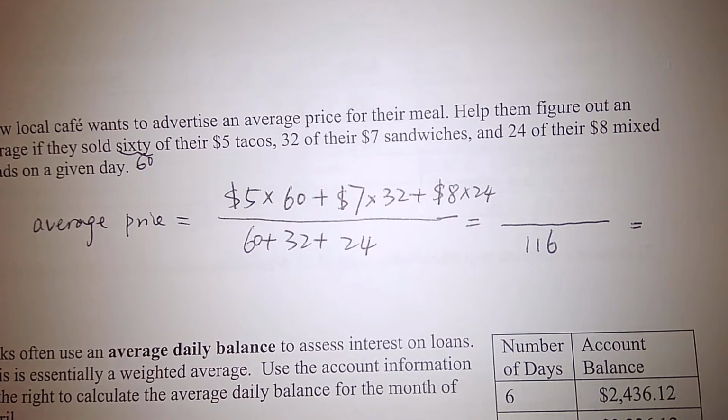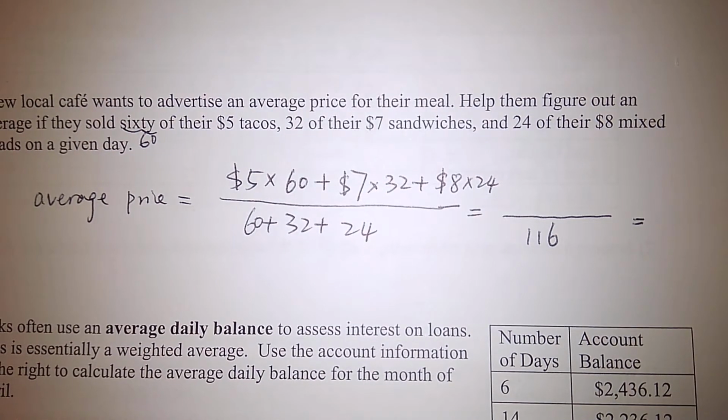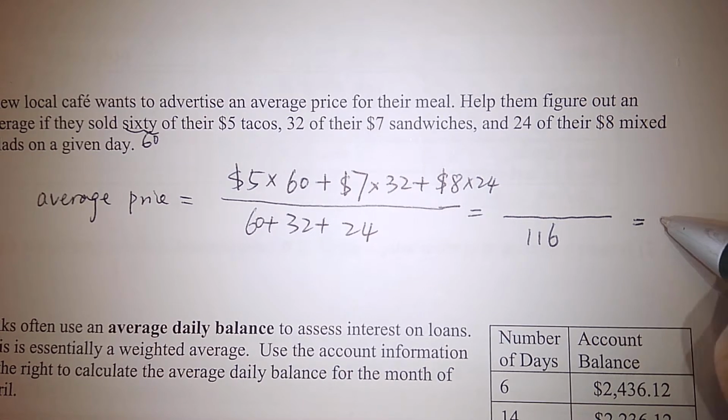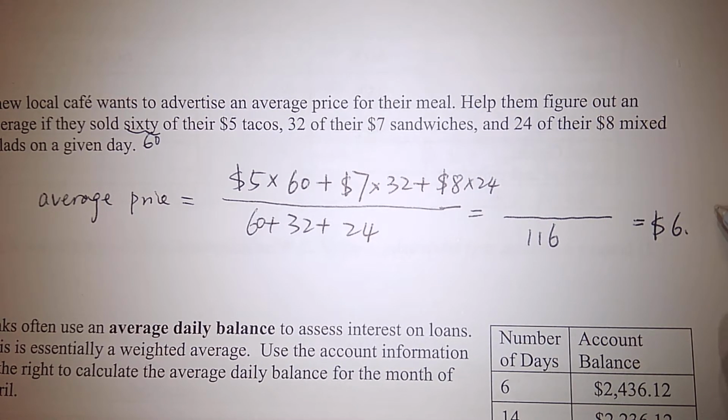You just divide it, so it's 6.17 if you divide it. What do you get? 6.17? Everybody agree with this?